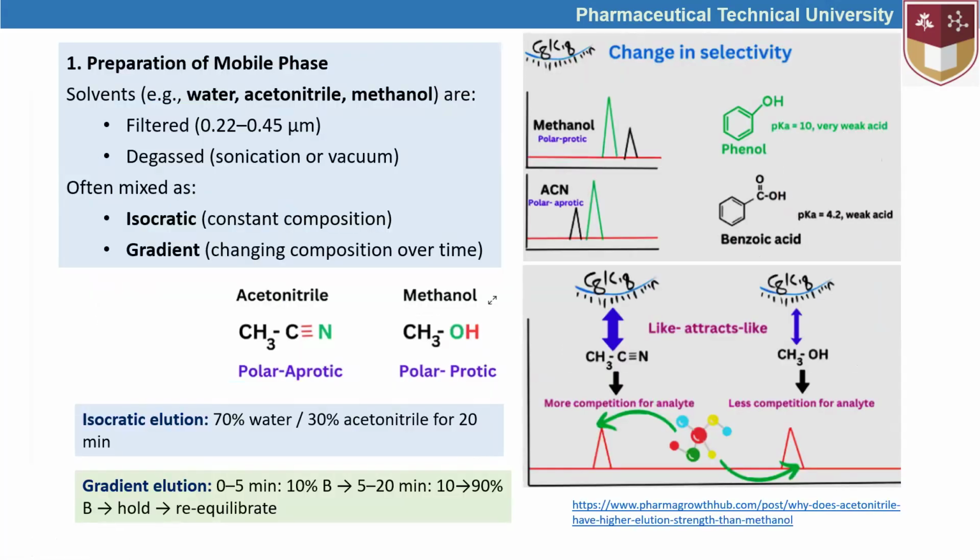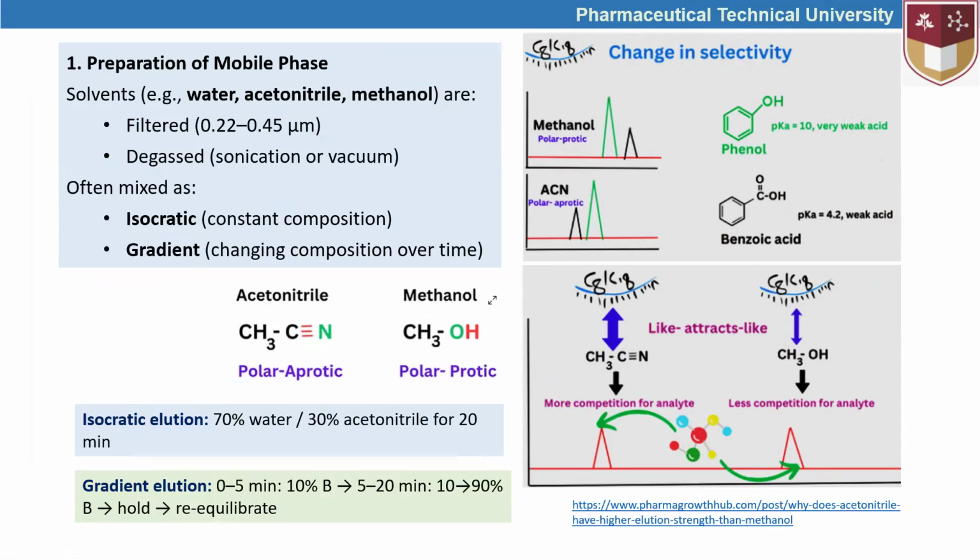Now we are going to understand more about the mobile phase. Mobile phase can be prepared by mixing different solvents like water, acetonitrile, methanol, and they are filtered before being sent to the column.